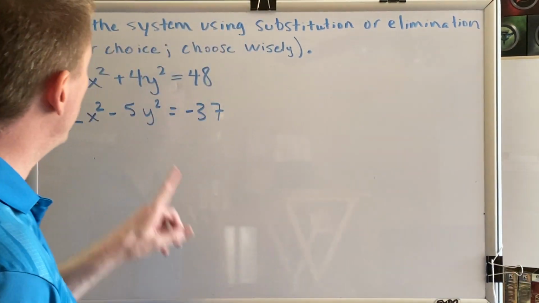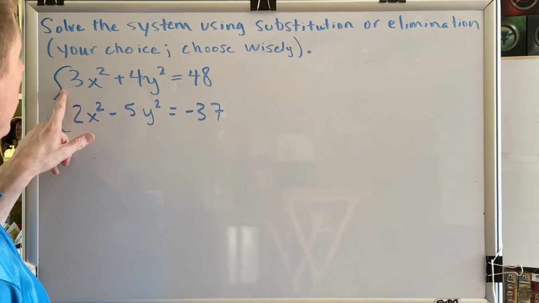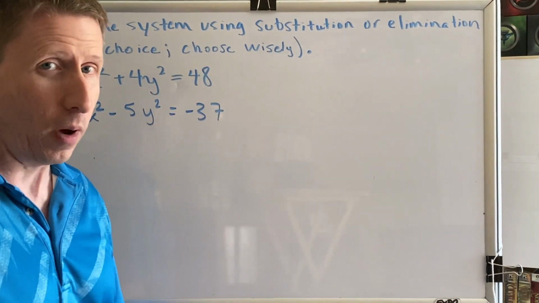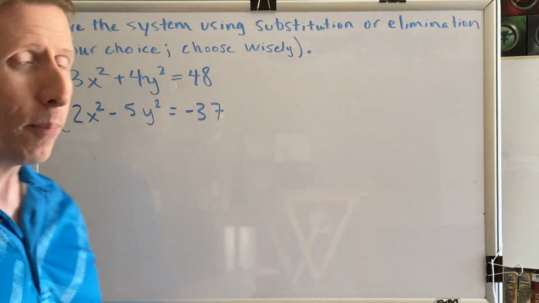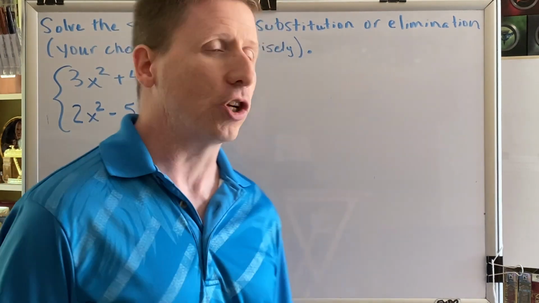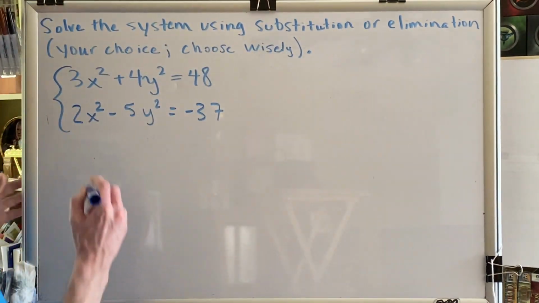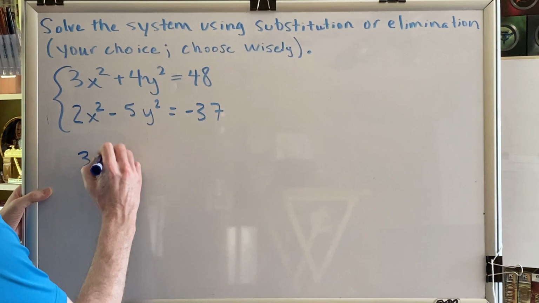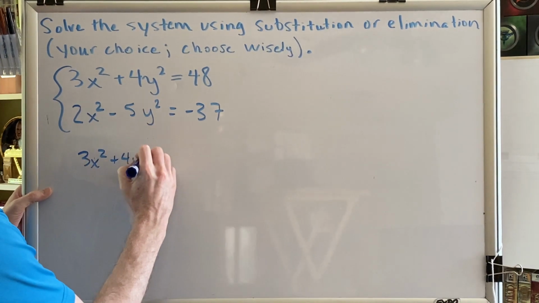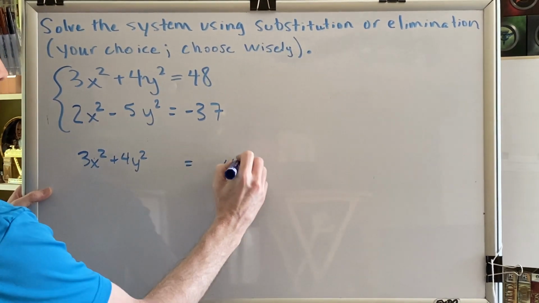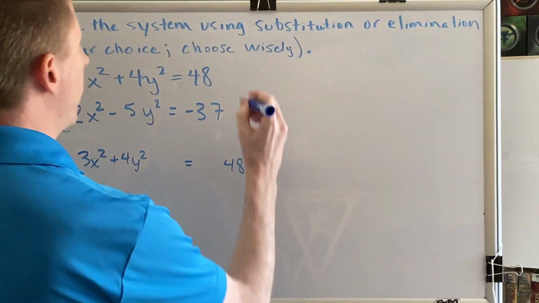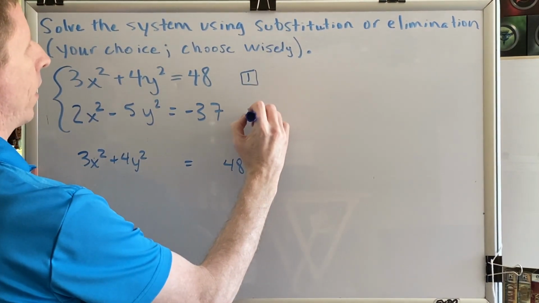So, we use the 5 on the bottom as the number to multiply both sides of the top equation by, and we use the 4 on the top as the number to multiply the bottom equation on both sides. Here's what it looks like. 3x squared plus 4y squared equals 48. This is our first equation, which I'll label with a 1 with a box around it.